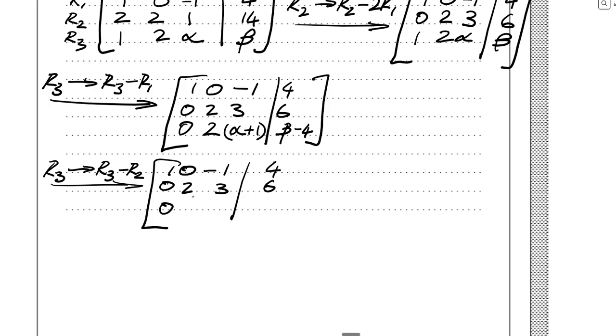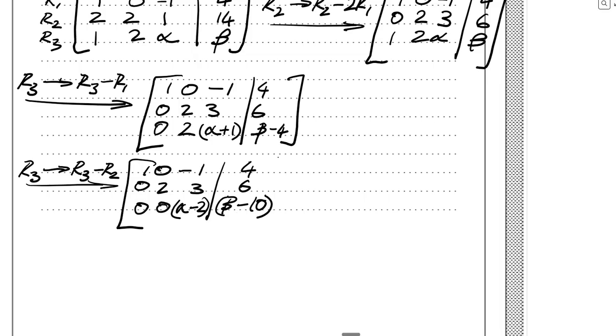Yeah, 0. 2 minus 2 is 0. Alpha plus 1 minus 3 is alpha minus 2. And then we have beta minus 4 minus 6. So beta minus 10. And that is good enough.